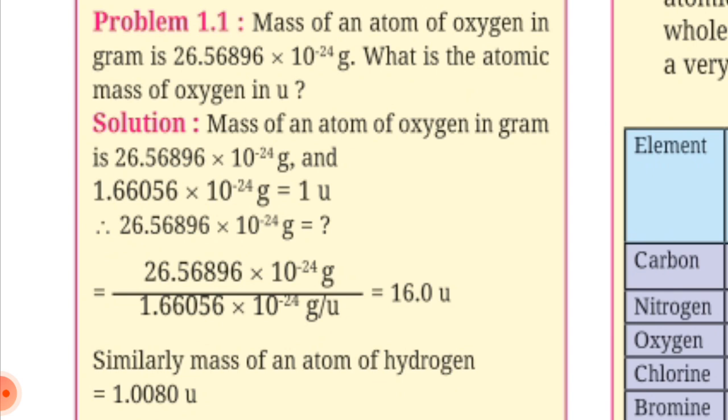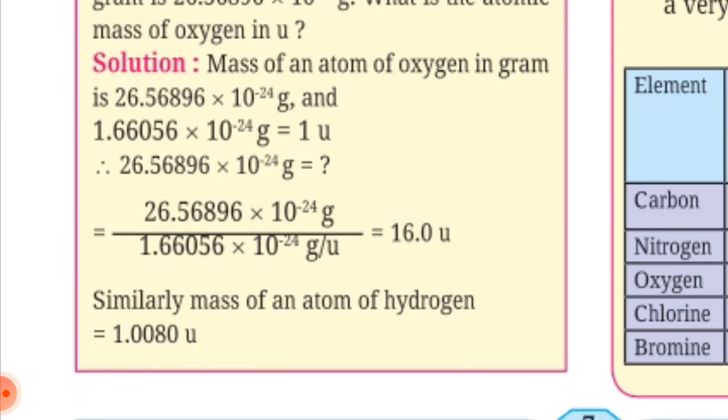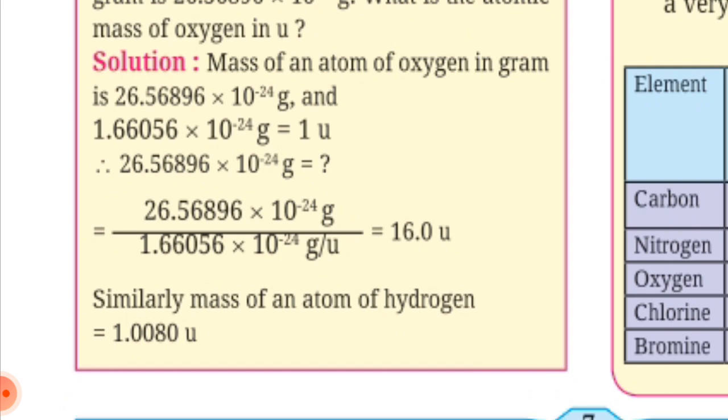Solution: the mass of an atom of oxygen is 26.56896 × 10^-24 gram, and 1 u is 1.66056 × 10^-24 gram. So 26.56896 × 10^-24 gram divided by 1.66056 × 10^-24 gram per u is equal to 16.0 u. Similarly, the mass of an atom of hydrogen is equal to 1.0080 u.